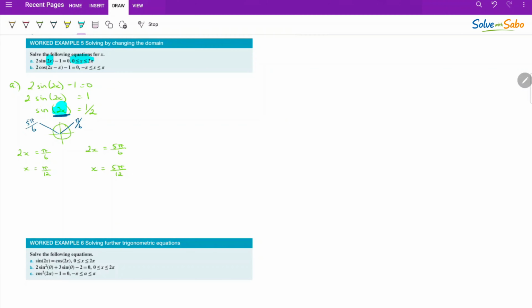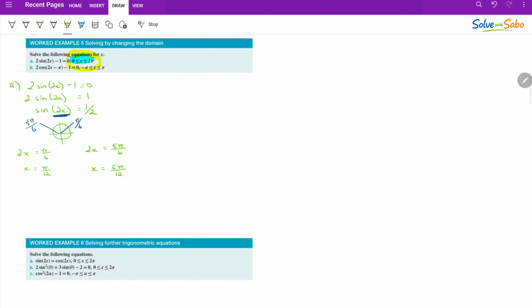So what we need to actually be thinking about, so I'm going to zoom in here a little bit, is this bit, where the value of x is between 0 and 2 pi.